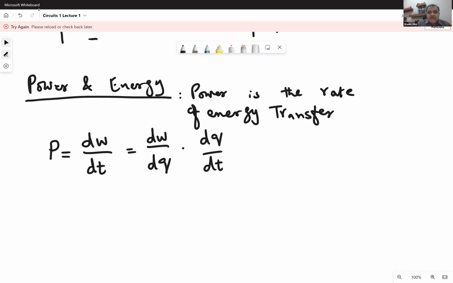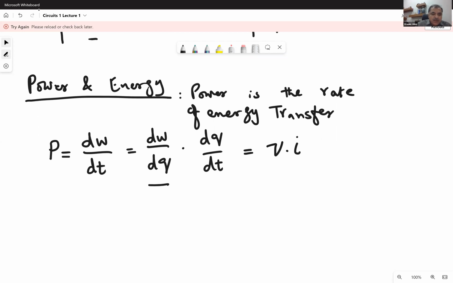So if you look at this, the first component, that is voltage. And the second component is current. So the power could be described as such.